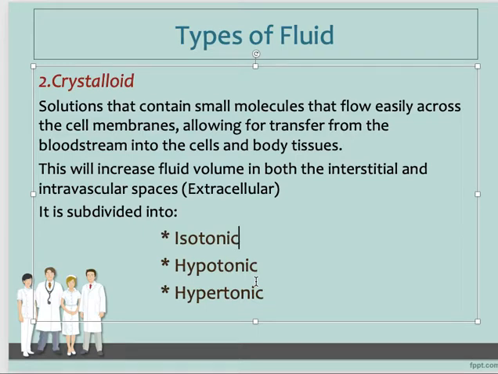Like in 1882, there was a guy whose name was Jacob Hamburger, and he ran studies and suggested that 0.9% saline is the concentration of salt in the human body.